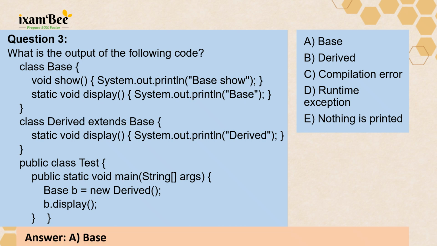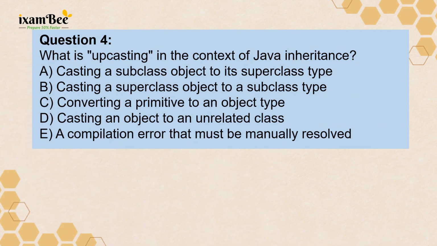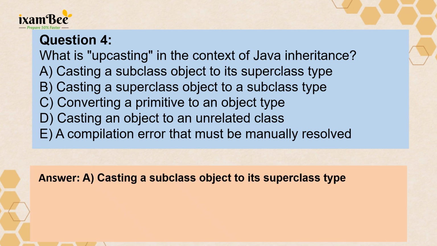You have to take note that display function is a static function. Here, when b.display is called, it will first call the static function specified in class base. Therefore, base is going to be printed. The next question is, what is upcasting in context of Java inheritance? And the answer is, upcasting is casting a subclass object to its superclass type.